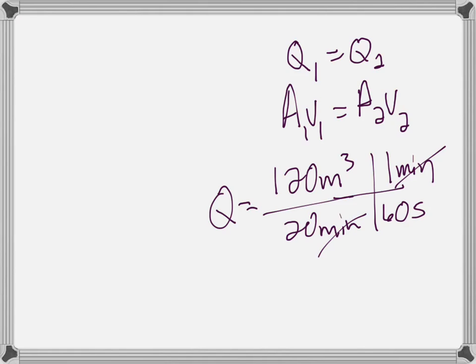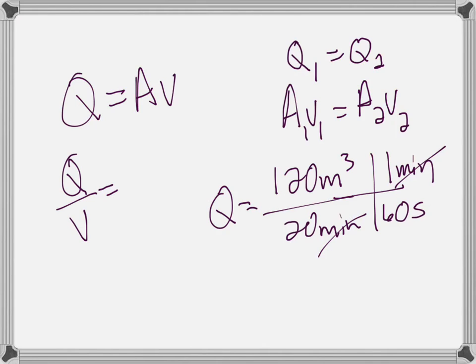It says, what is the length of a side, in centimeters, of a square air duct if the airspeed within the duct is 3 meters per second? Well, volume flow rate is area times velocity. So we're going to figure out our Q and divide it by our velocity, and we'll have our area.